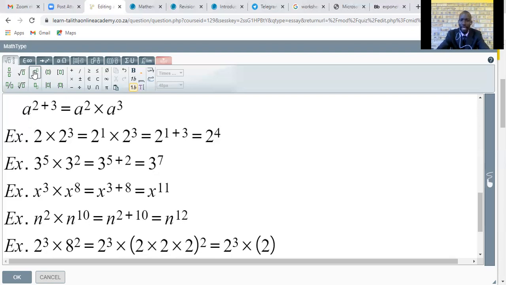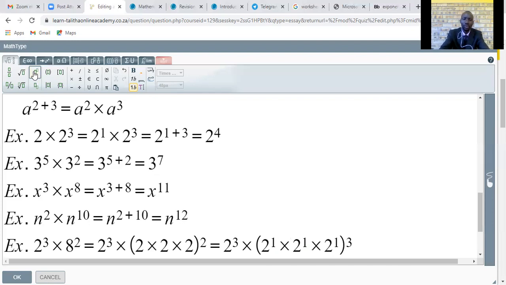We had already seen that a number without exponent has an exponent of 1. So you could write this as 2 with exponent of 1, then multiply it with 2 again with exponent of 1 for the second 2. Then for the third 2, we also multiply with 2 with exponent of 1. And then we maintain the exponent we have outside, which is 3.